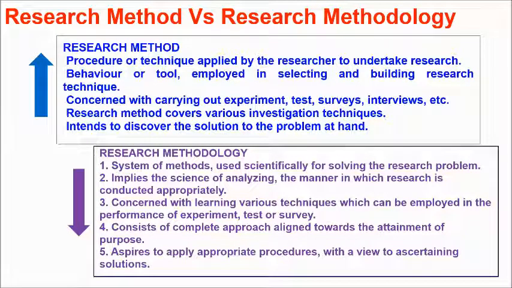Research method covers various investigation techniques, whereas research methodology consists of simple, complete approach aligned towards the attainment of purpose. Research method intends to discover the solution to the problem at hand, whereas research methodology aspires to apply appropriate procedures with a view to ascertaining solutions.